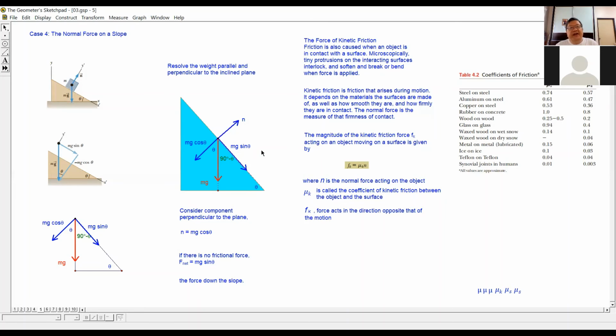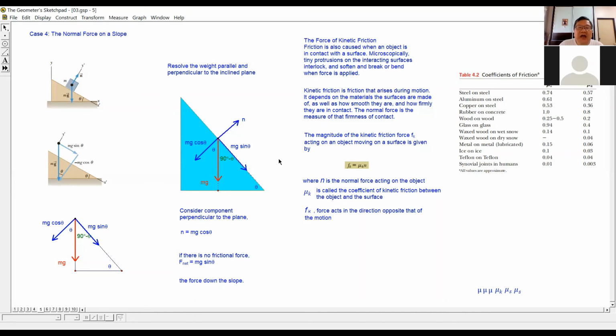So we say that this mg sine theta is actually the net force that is causing the object to accelerate downward along the slope. So this is the accelerating force or the net force.